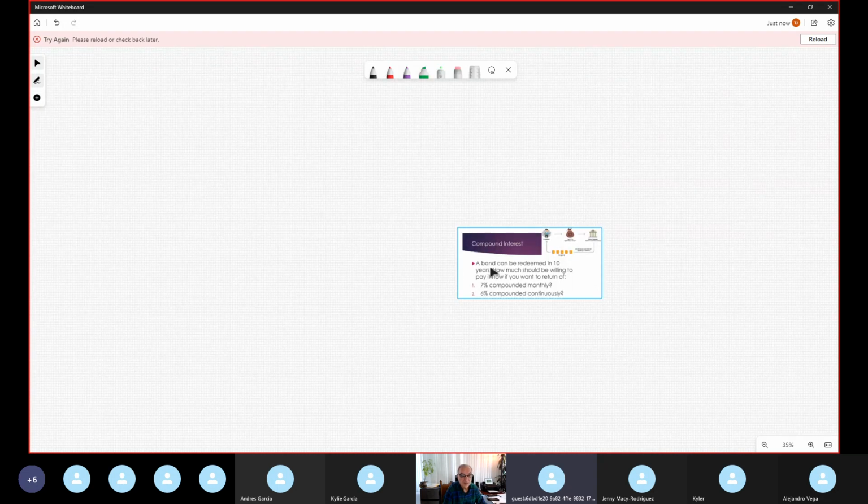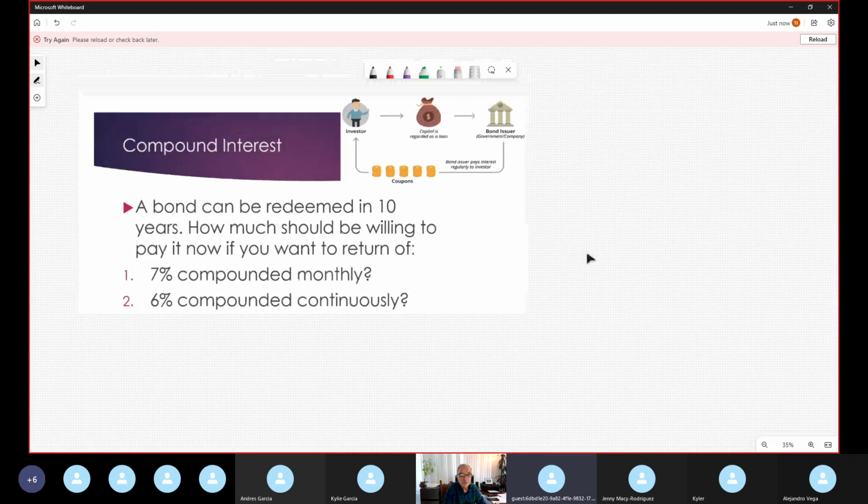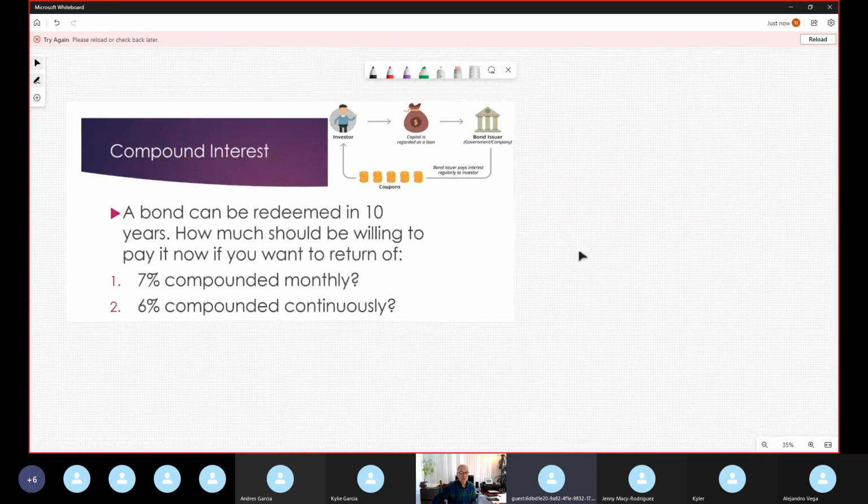Suppose this. Compound interest formula again. We have a bond. A bond is a kind of investment you can buy. This bond is sold by the government or a company.